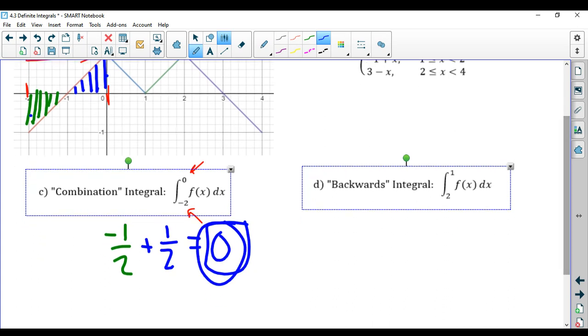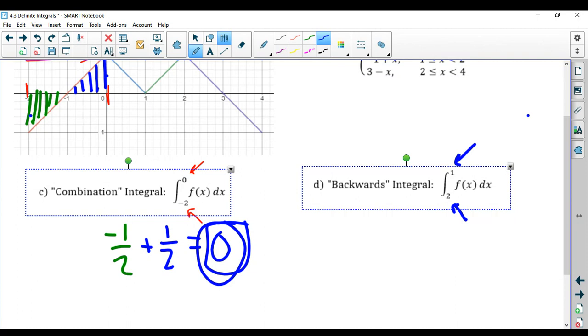So the next type of integral is a backwards integral. What I mean by that is all of these integrals have been calculating left to right here. If you look at this integral, the 2 is on the bottom, the 1 is on the top.